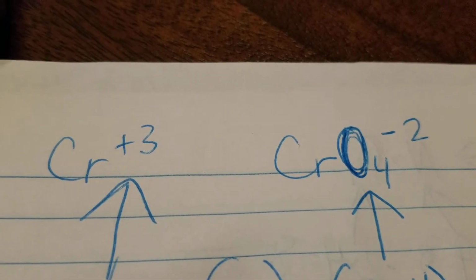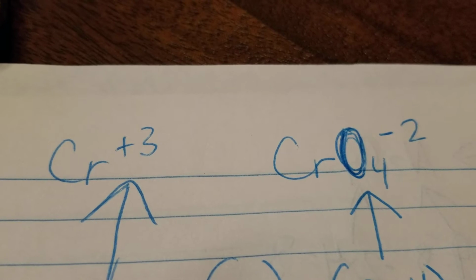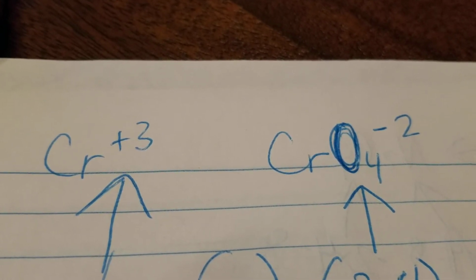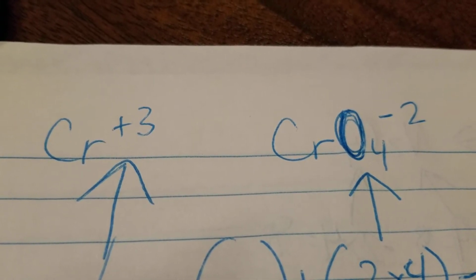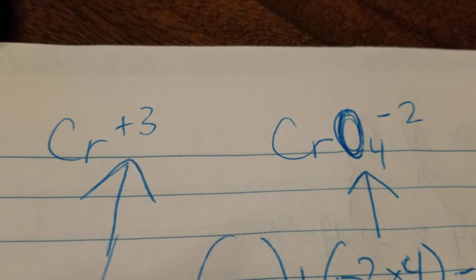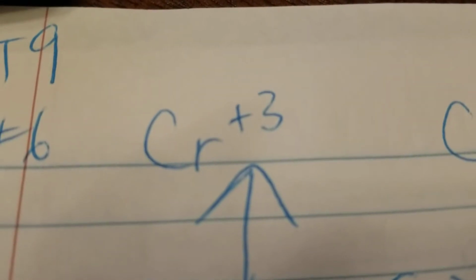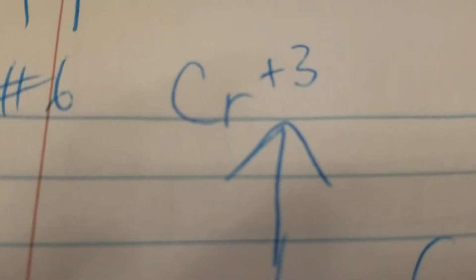Okay, so this is what you're looking at. The question is saying, what happens to the chromium ion when it gets converted to CrO4, -2? So basically, it's just asking you to discuss what's happening to the oxidation number. So that's the oxidation number for that one. It's just +3. There's nothing to do to that one.